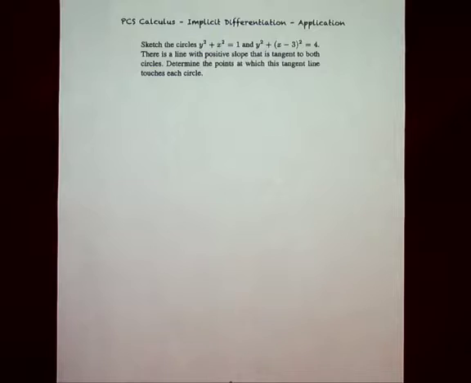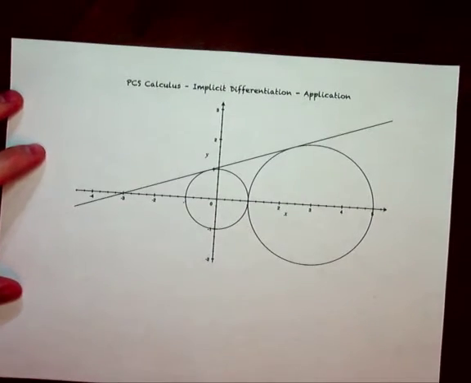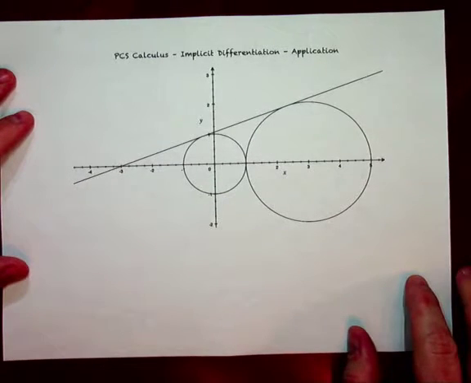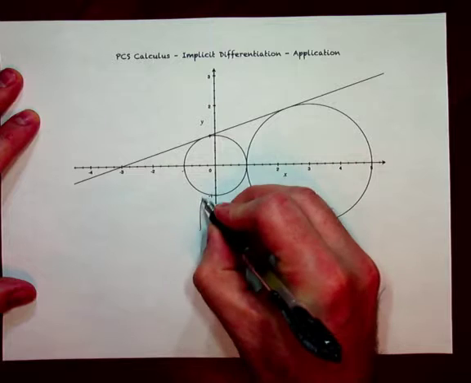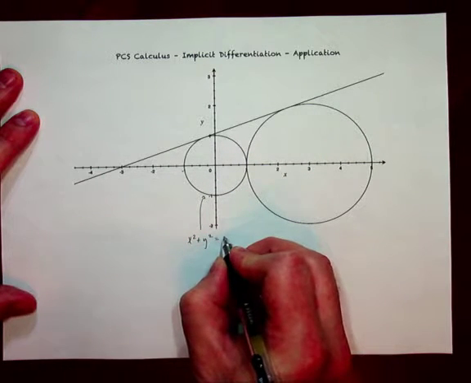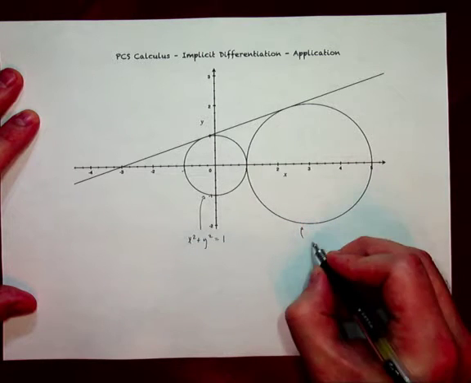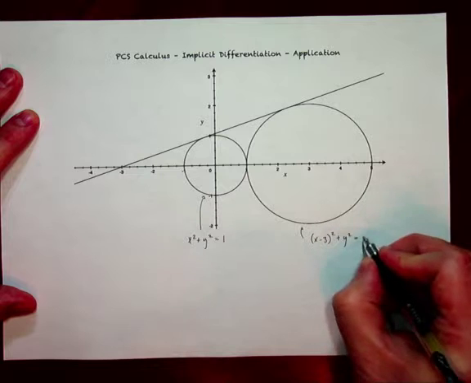Okay. Well, I went ahead and drew it out for you. So that's basically what it looks like. This, of course, right here is x squared plus y squared is equal to 1. And this right here is x minus 3 squared plus y squared is equal to 4.